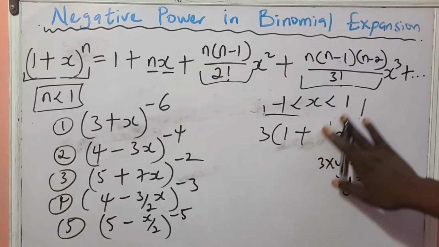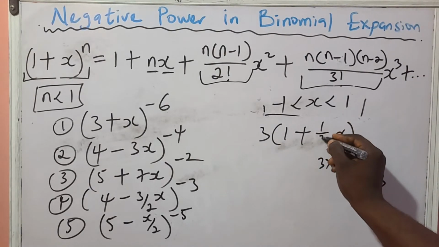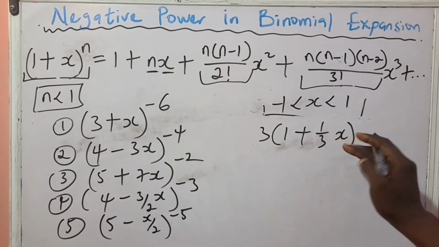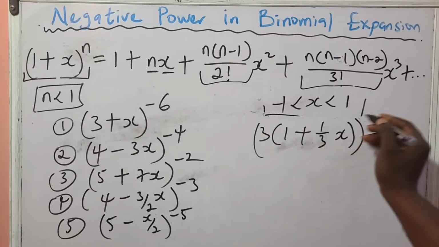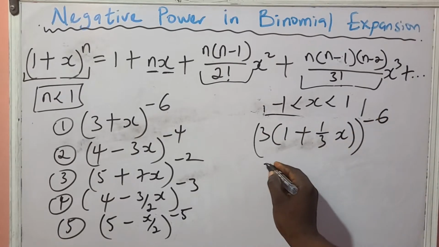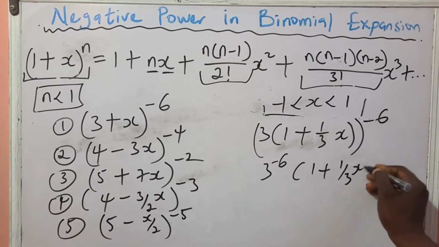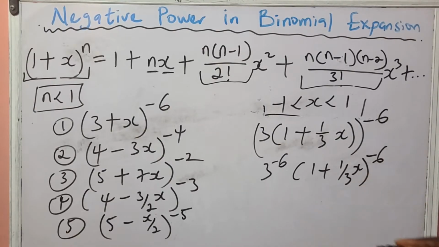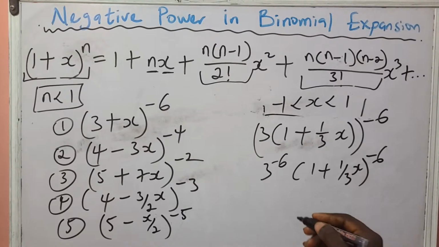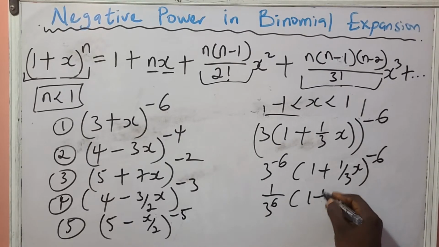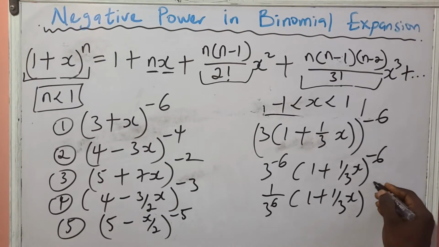So here we'll have 1 over 3x. You can go on to confirm that, but I will not be doing that because I know this will be correct. This will be everything raised to the power of minus 6. So this will be 3 raised to the power minus 6, then 1 plus 1 over 3x raised to the power minus 6. Of course, this will be 1 over 3 raised to the power 6, and 1 plus 1 over 3x, everything raised to the power of minus 6.